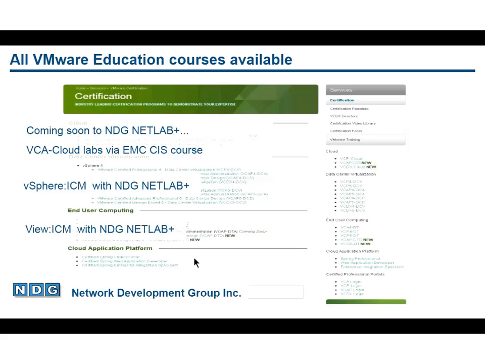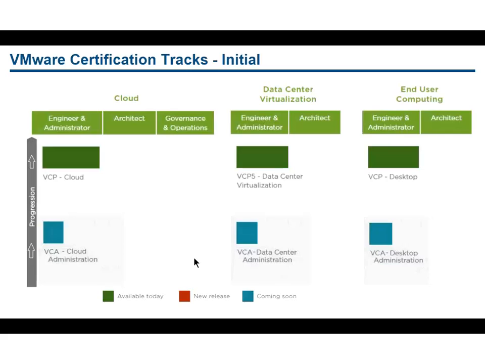Now, what can your students get out of having knowledge of VMware? Well, these certifications, and our associate level, which is kind of the entry level certification. Each one of these has e-learning matched up with it.